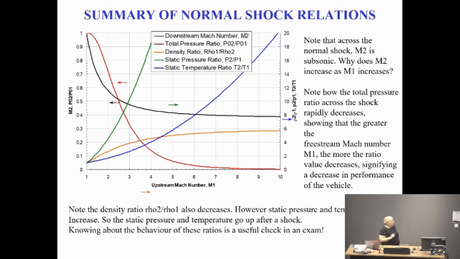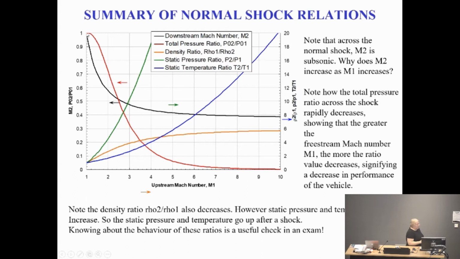So, what we have here is a summary now. On X is the upstream Mach number, so we're travelling at Mach 1, Mach 2, up to about Mach 10. Here, that's the Mach number across the shock. And what is interesting is the black line.